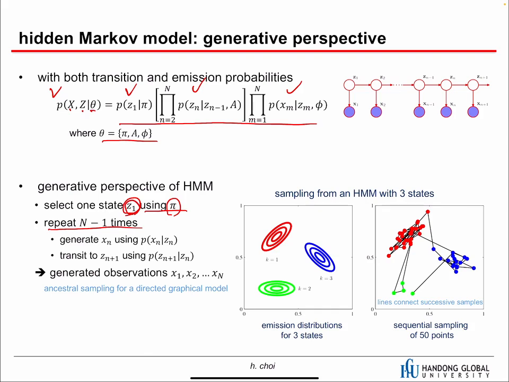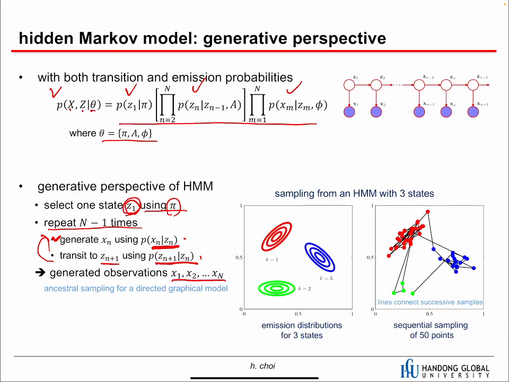Then we move to the next state, z sub 2, and from z sub 2 we generate x sub 2, and then we move to the next state and generate again. We repeat n-1 times. By doing this, we can generate observations from x1 to xn.